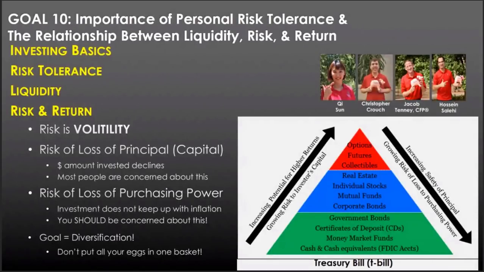Once you get into the middle ground here, these are a little more risky but have a little more return because of that. A lot of people will invest in the blue area here to try to beat inflation and to make sure that they have a pretty good return. As you move up higher, though, into the red section, these are very risky assets. You could stand to lose all of your principal.